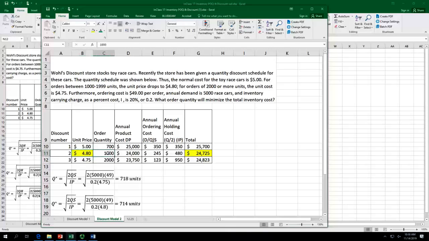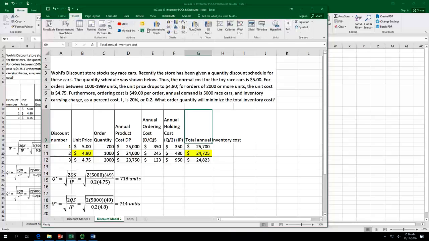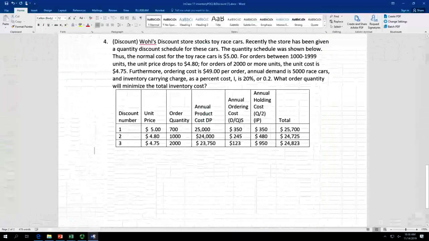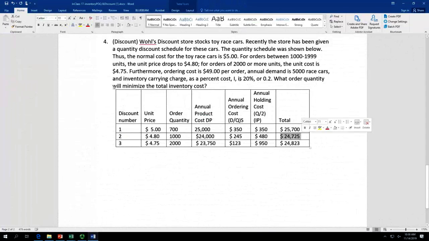Even though you order a little bit more, it works, because the total annual inventory cost is the smallest. Then we can take advantage of the unit price.